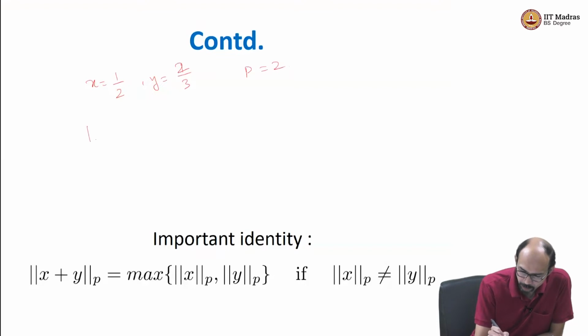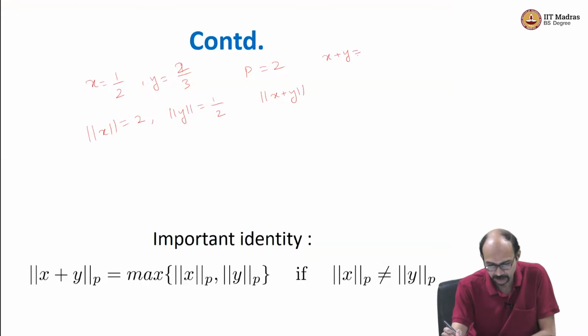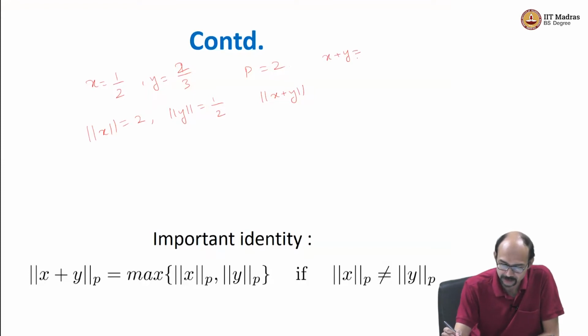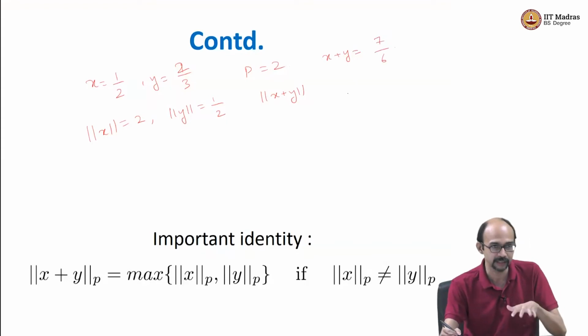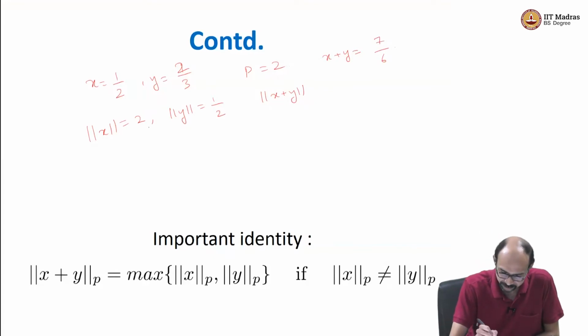Let's see what the norm of x is. The norm of x is 2, the norm of y is 1/2, and let's compute x plus y. So x plus y is 1/2 plus 2/3, that's (3 plus 4) divided by 6, so 7 by 6. Correct me if I am wrong, I am doing this real time, so I have not prepared this.